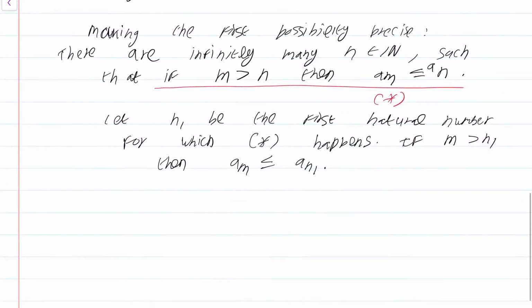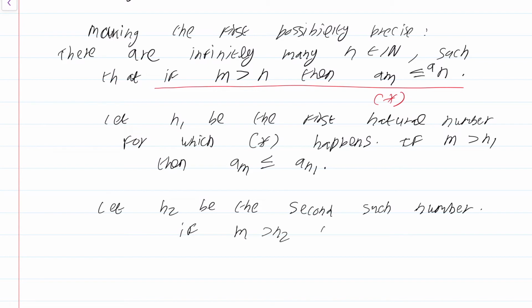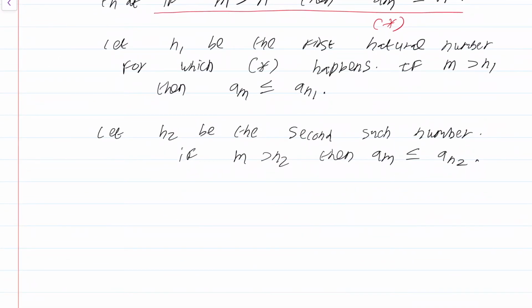Okay, fine. So we have found the first term in the subsequence. Let n2 be the second such number. That means if m is greater than n2, then a_m is less than or equal to a_{n2}. Okay, we have assumed that there are infinitely many such numbers, so we can keep iterating this procedure and get a subsequence a_{n_k}.